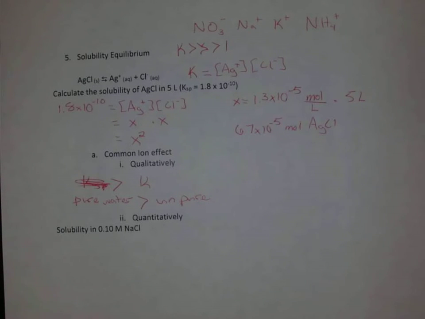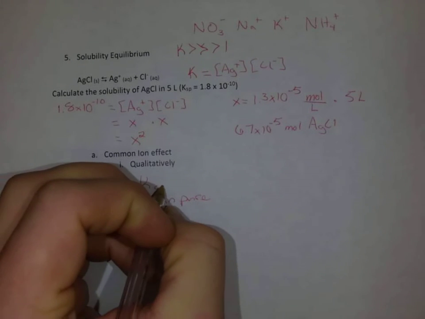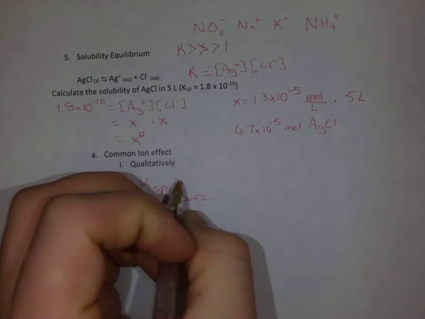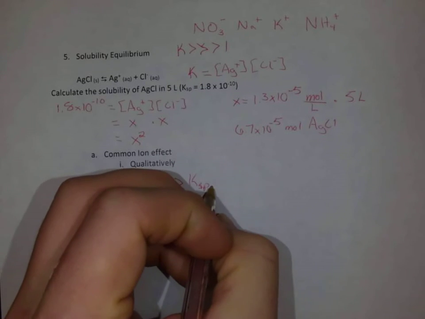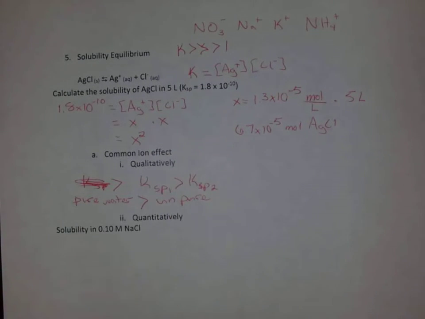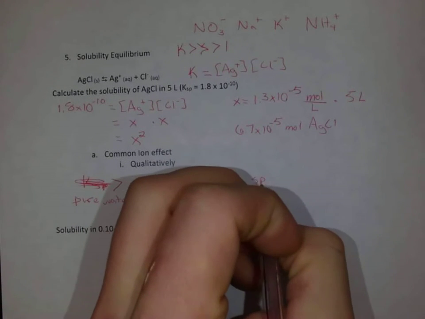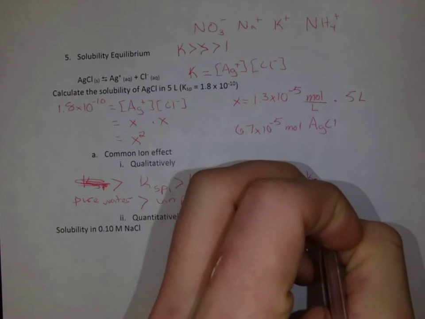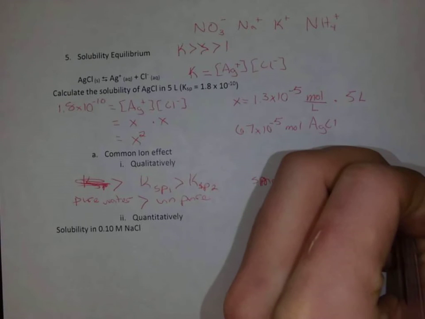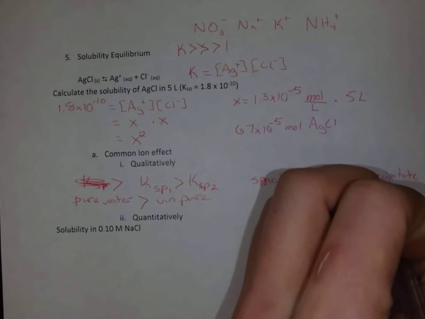If we have multiple things where one of them is going to dissolve, or one of them is going to precipitate out of solution first, whichever Ksp is smaller, so Ksp1 versus Ksp2, the smaller Ksp will precipitate first.